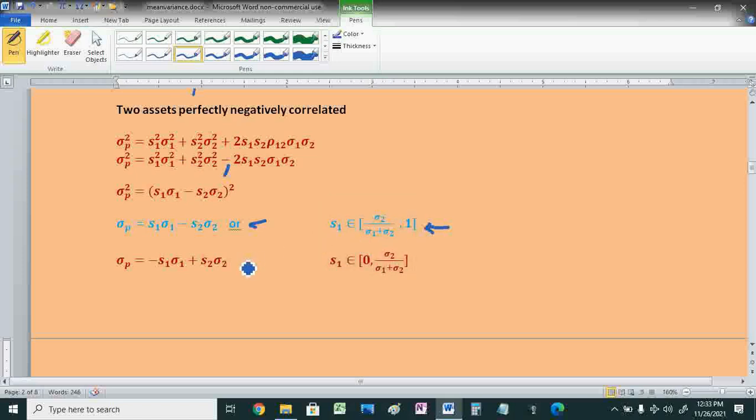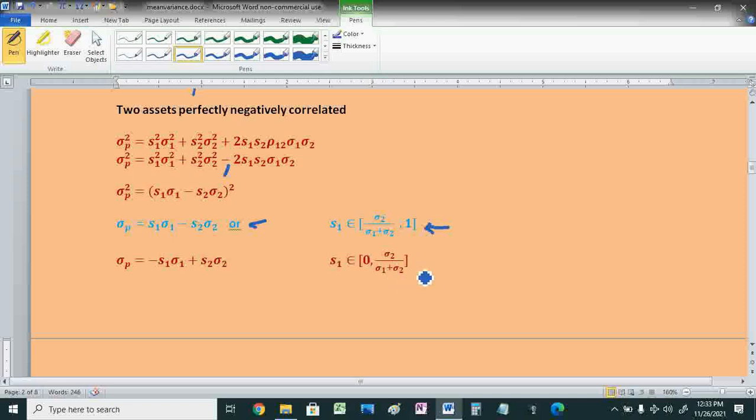Similarly, for the second root, again you will have to find the range, and that range will lie between 0 and sigma 2 divided by sigma 1 plus sigma 2, and this is something that you can do by yourself.